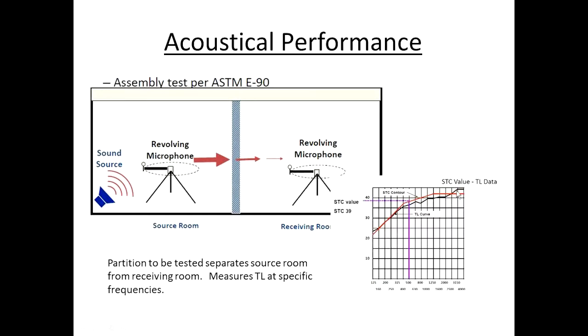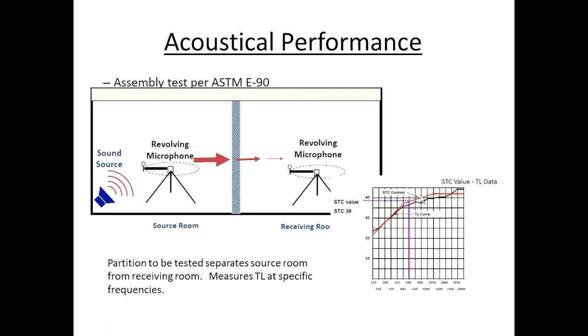The black line is the plot of TL, or the TL curve, as we go through the different frequencies. To get our STC value, we overlay that with an ASTM mandated STC contour curve. That's the red line.